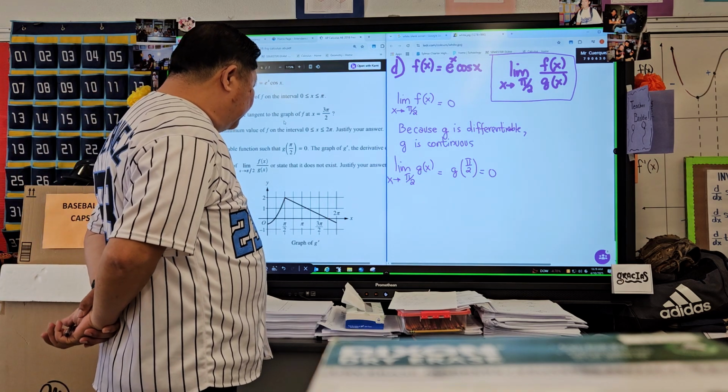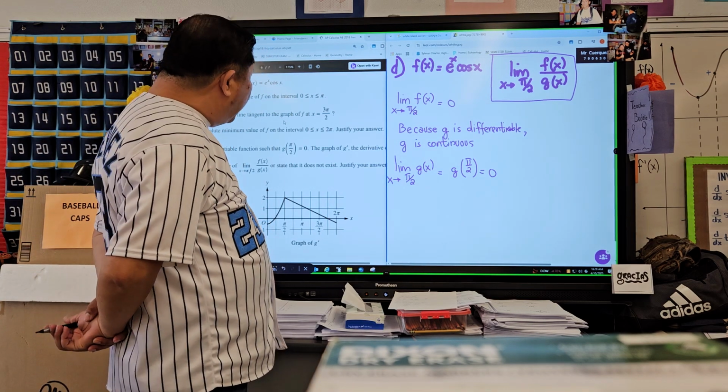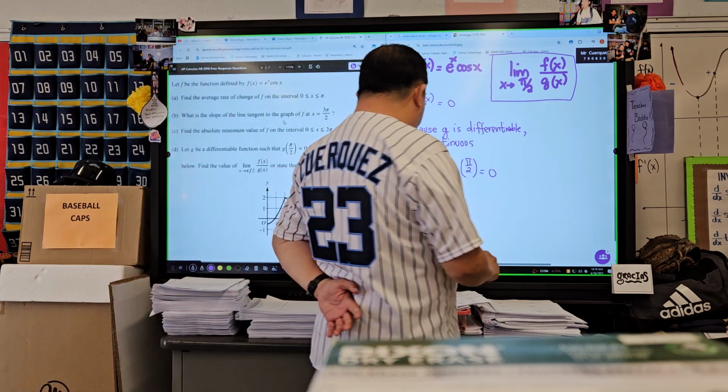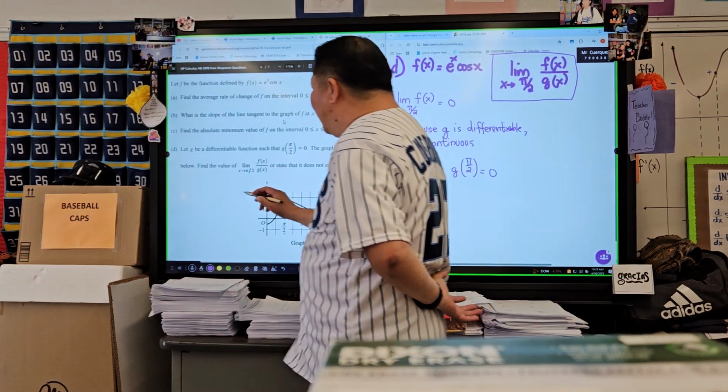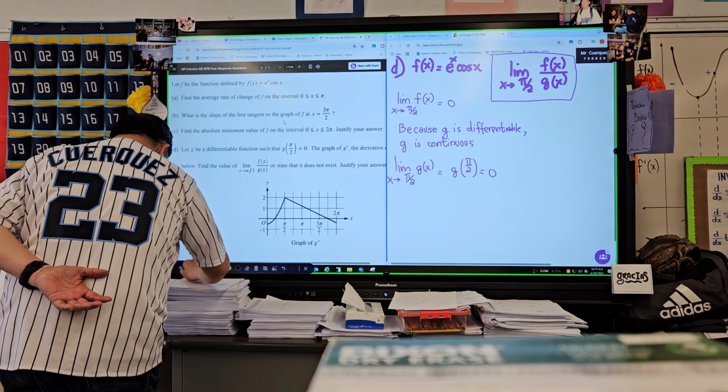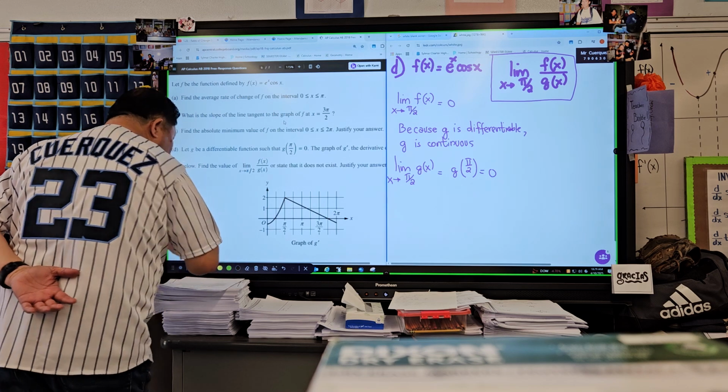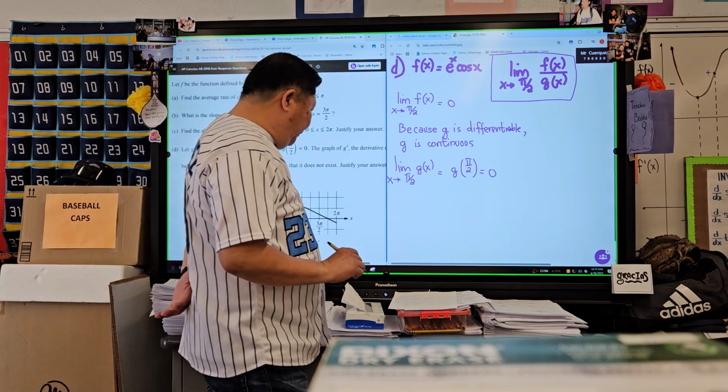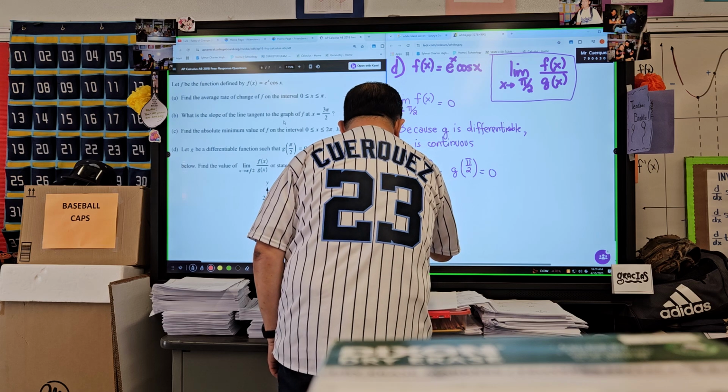Yes, we can. If we apply L'Hopital's rule, I'll just use the red color.